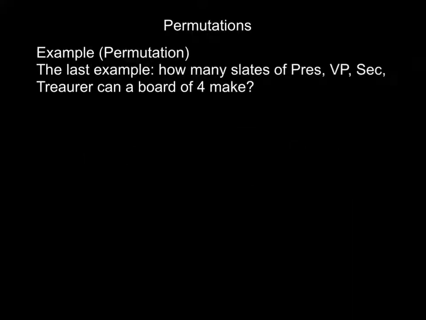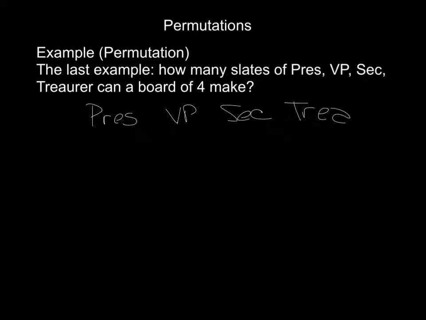So we're going to look at permutations, and we're going to start with our last example, the president, vice president, secretary, treasurer example. If you recall, we considered this a 4-stage process. The first stage we chose the president, then we chose the vice president, secretary, and treasurer. The 4 stages, because they are ordered, naturally imply some sort of order.